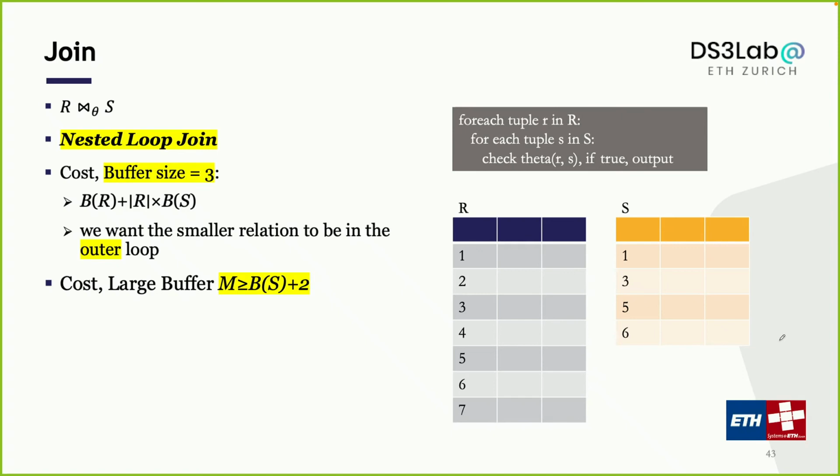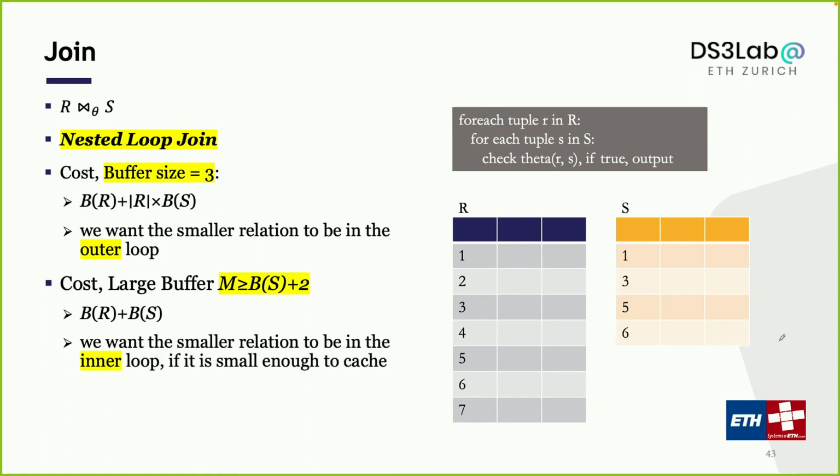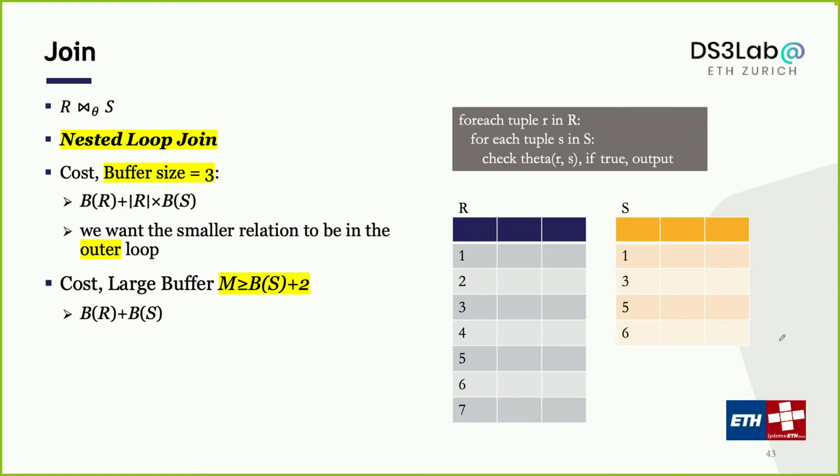Assume we have a big buffer with M larger than the number of pages of S plus 2: one page holding R, one page holding the output, and all the other pages can hold the whole S. In this case, your I/O cost will be the number of pages in R plus the number of pages in S, because I only need to read S into the buffer, then I'm done. I don't pay I/O anymore.